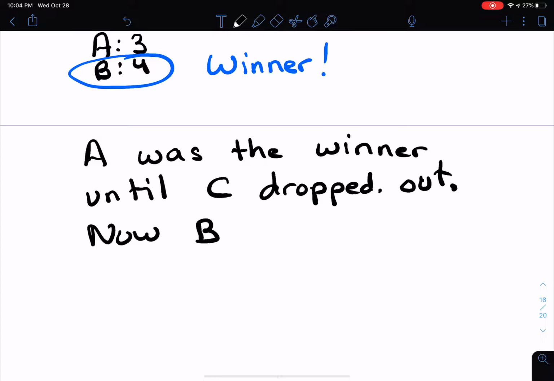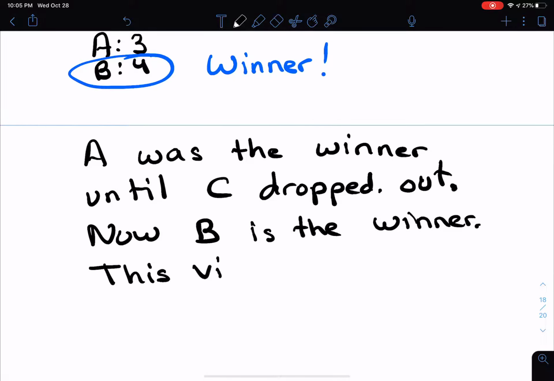Now B is the winner. This violates the irrelevant alternatives criterion.